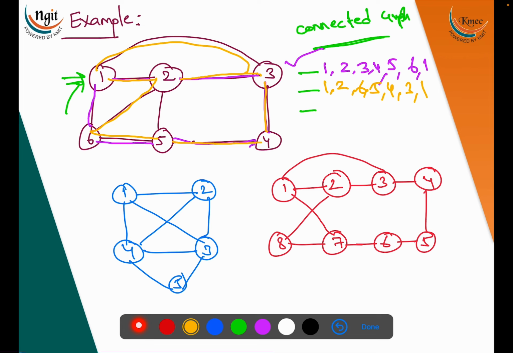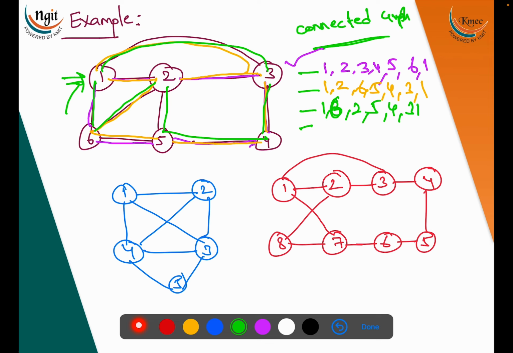Is there any other way? Let's check. 1 to 6, 6 to 2, 2 to 5, 5 to 4, 4 to 3, 3 to 1. This is also one. So there are many Hamiltonian cycles from this graph.